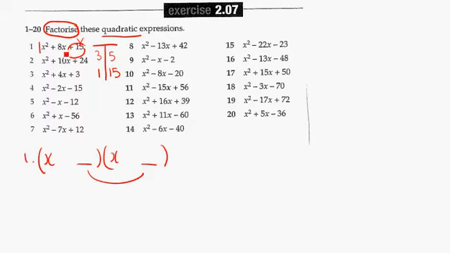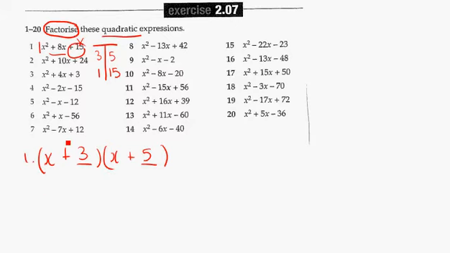Looking at the 3 and the 5, the next step is to go to your middle term and ask yourself how you could add or subtract a 3 and a 5 to equal 8. And clearly plus 3 plus 5 hopefully means I will have factorised, and we can always check.